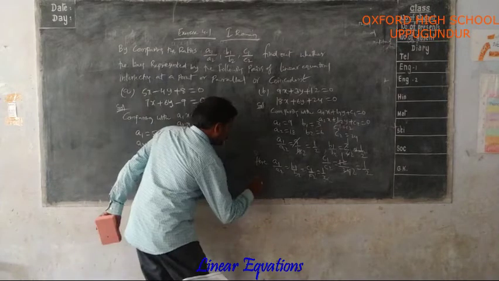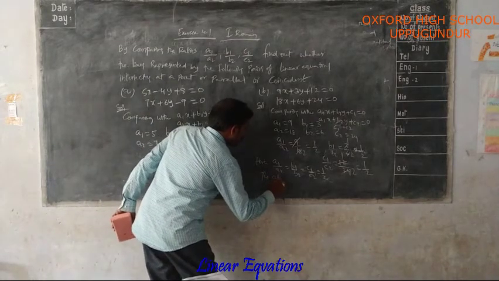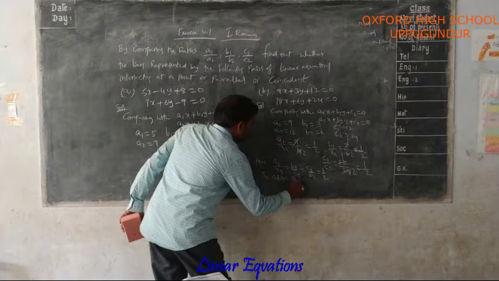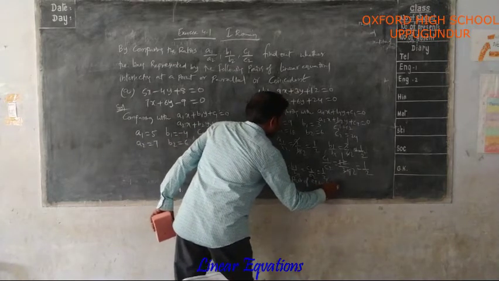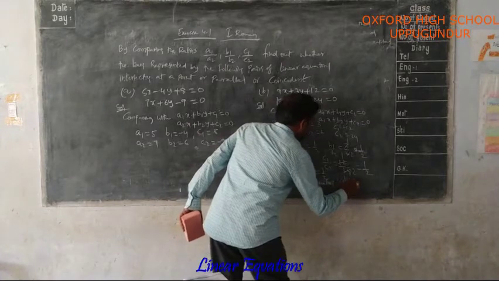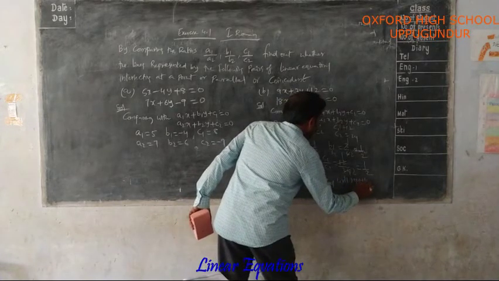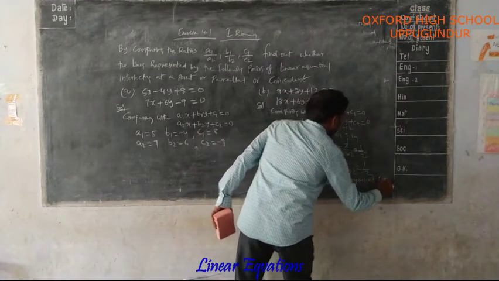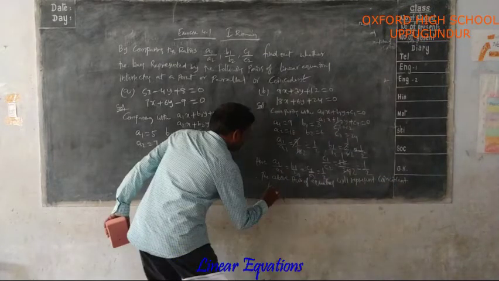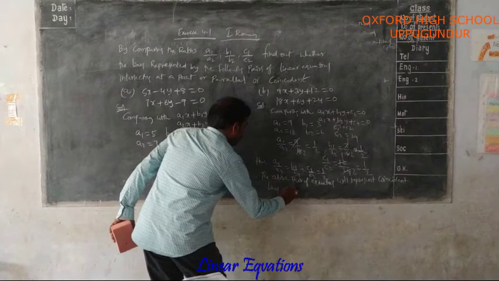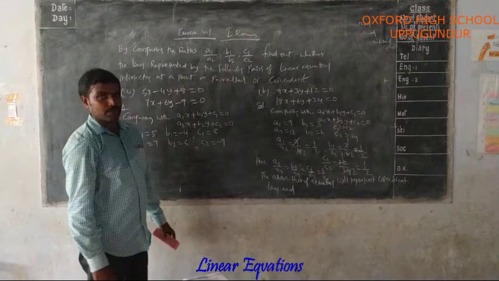So therefore the above pair of equations will represent coincident lines. Coincident lines means how many solutions will you get?